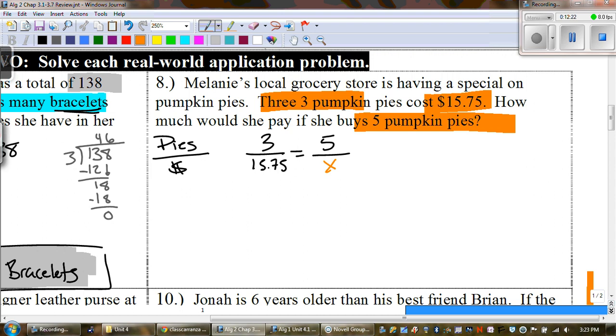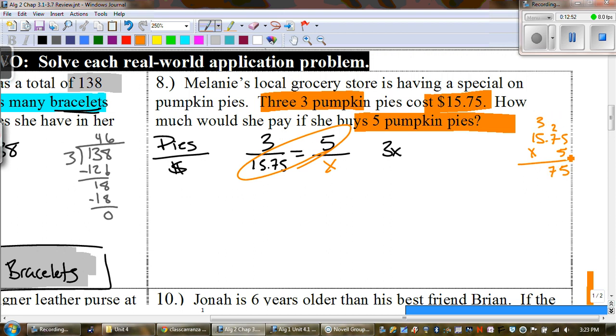So to solve this, we've set up a proportion. So all we have to do is cross multiply. 3 times x is 3x. And then off to the side over here, we have to multiply by 5. 5 times 5 is 25. 5 times 7 is 35 plus 2 is 7.